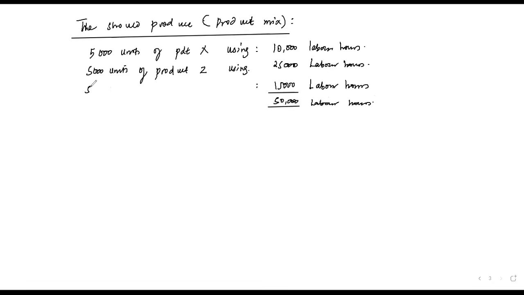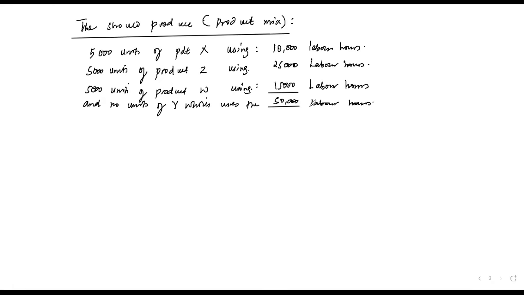So we produce 5,000 units of product W using 15,000 labor hours, and no units of Y, which uses the 50,000 labor hours. So that is our product mix.